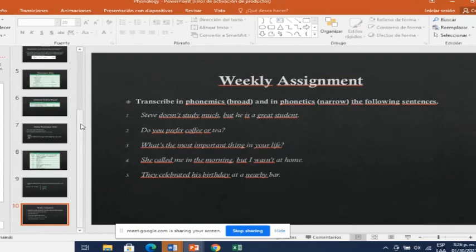Just take the same transcription that you have in slashes, put it in square brackets, but now look sound by sound at how one sound affects the other, and then start adding the different rules or the different symbols I already told you today. So that is basically the assignment for next class. It's pretty short and easy. So try to do it.